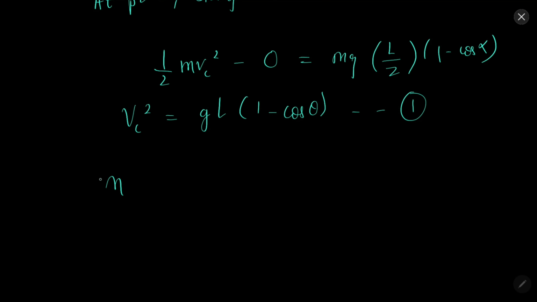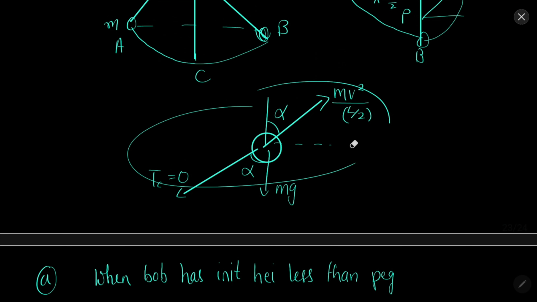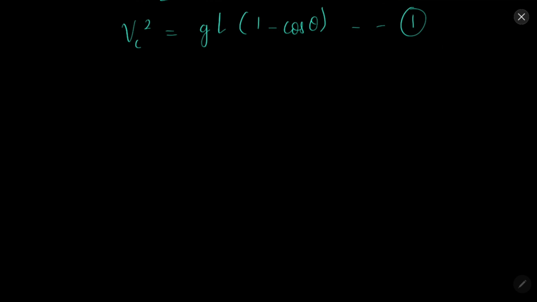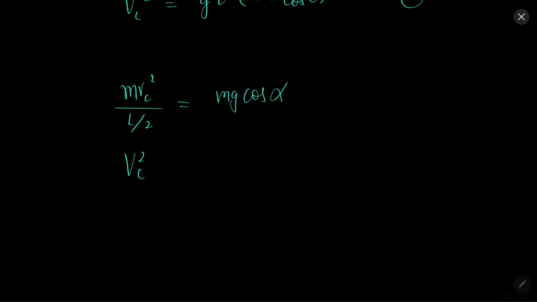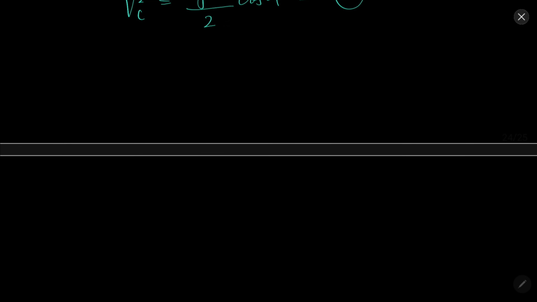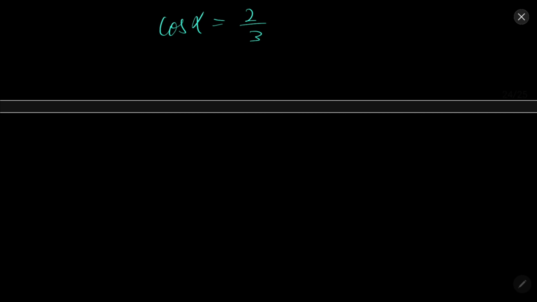And again from the third free body diagram, m vC square over L by 2 equals mg cos alpha. So v square C equals gL over 2 cos alpha. So by these two equations you can find that cos alpha will be 2 over 3.